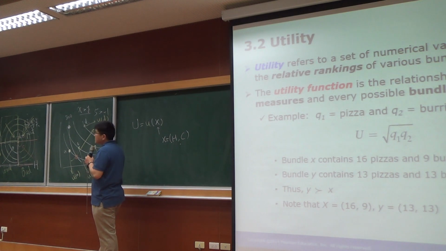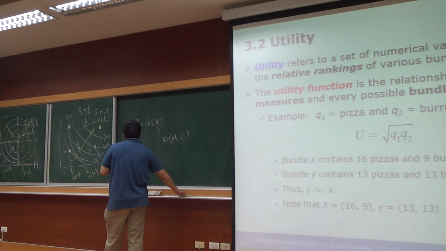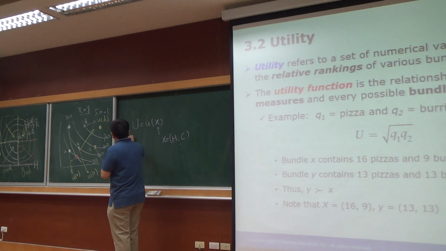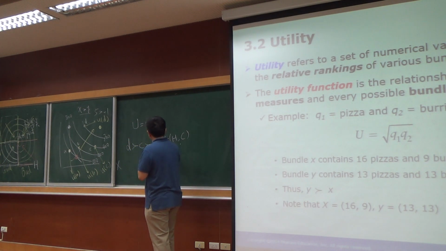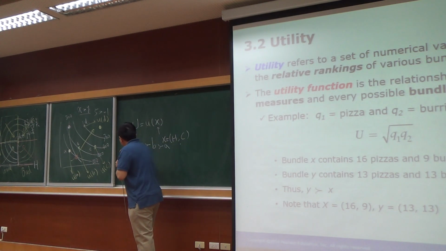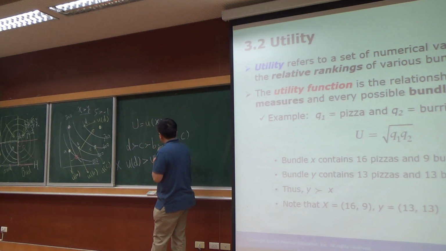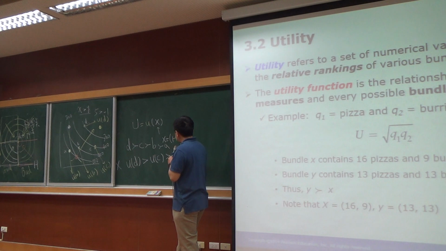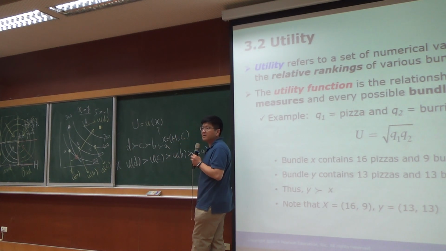And whenever we want to compare these points, we may directly say D is strictly preferred to C, C is strictly preferred to B, and B is strictly preferred to A. We may also say the utility level of D is greater than the utility level of C, greater than the utility level of B, and the utility level of A. Is that clear?